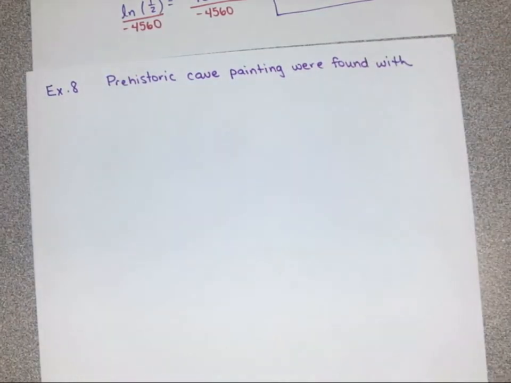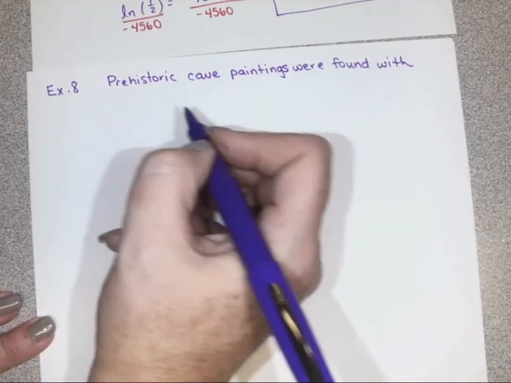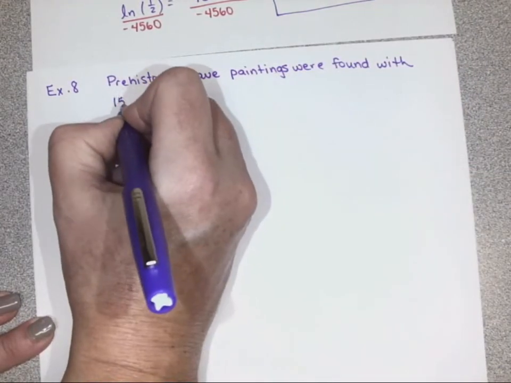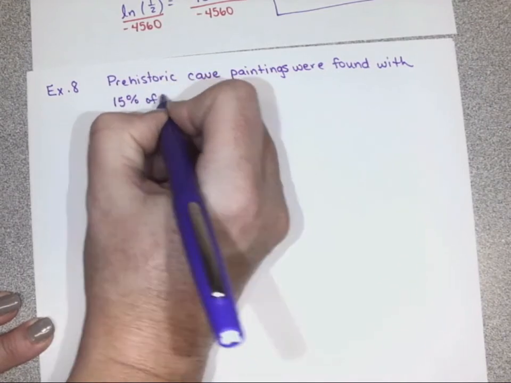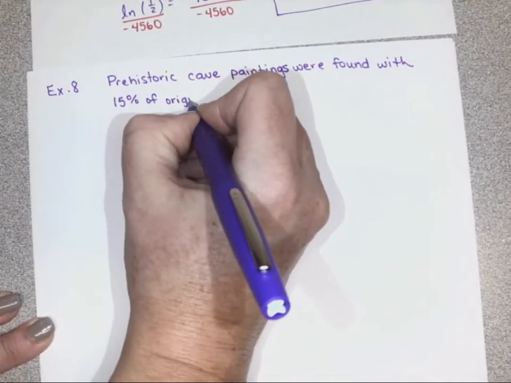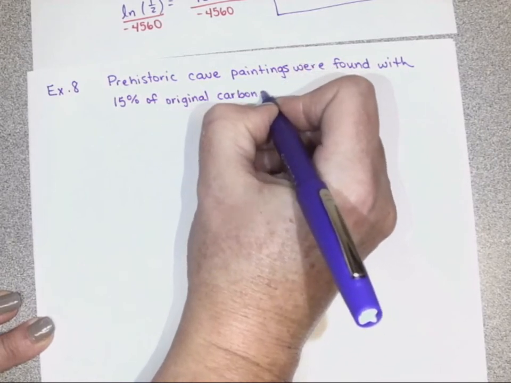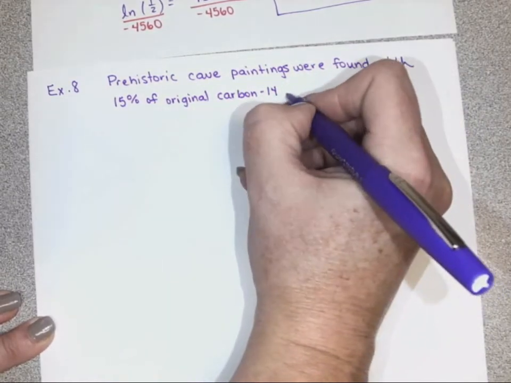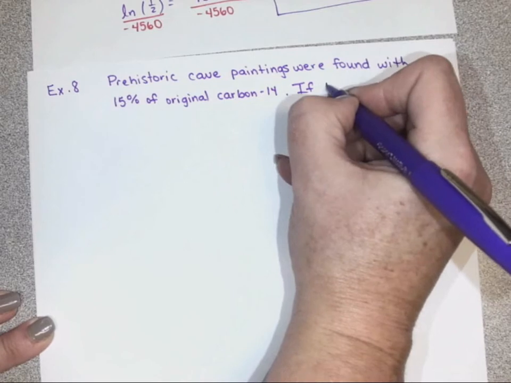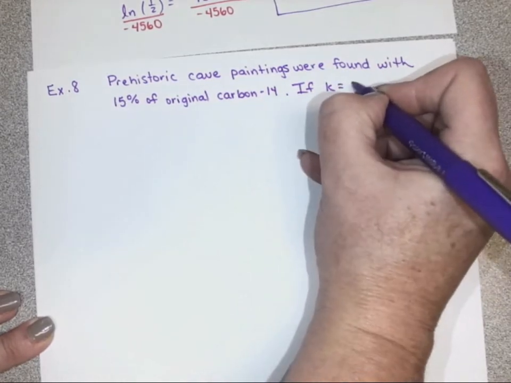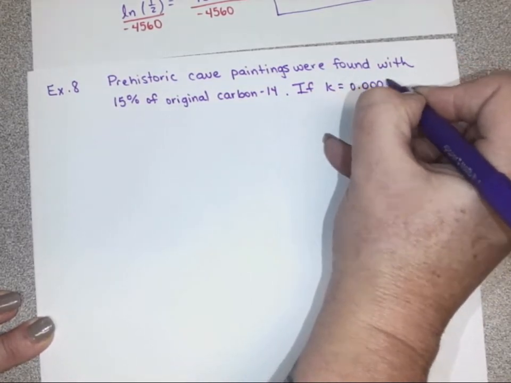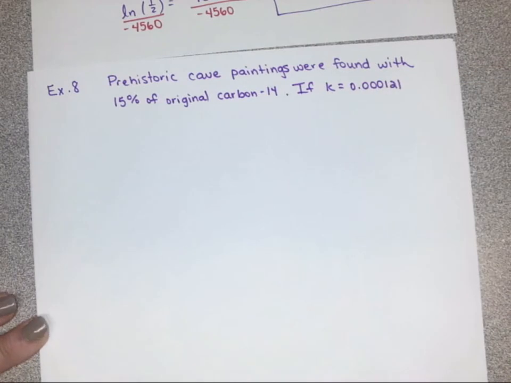So let's say that prehistoric cave paintings were found with 15% of their original carbon-14. For carbon-14, K is about 0.000121.